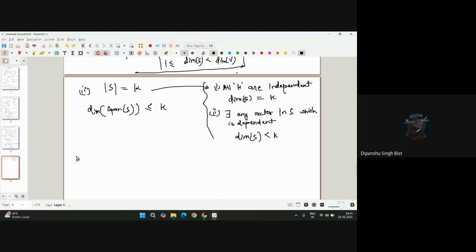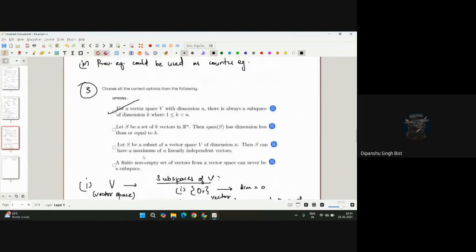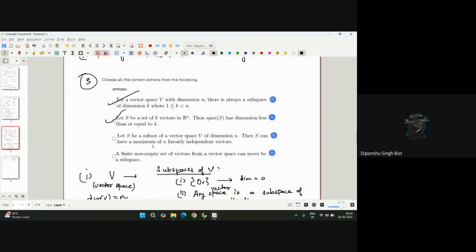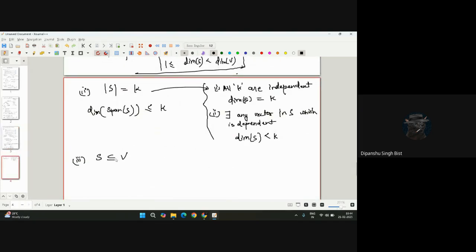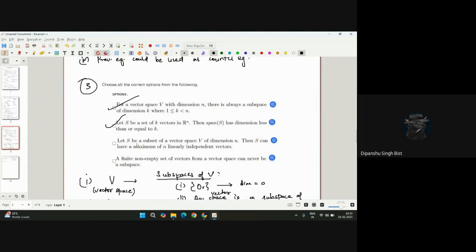The third option says: let S be a subset of vector space V of dimension n, then S can have a maximum of n linearly independent vectors. So again, let's try to parse this option. It says S is a subset of vector space V of dimension n. So V is a vector space and S is a subset of V. Just see here, it does not say that S is a subspace of V. It's not a subspace, it's just a subset.